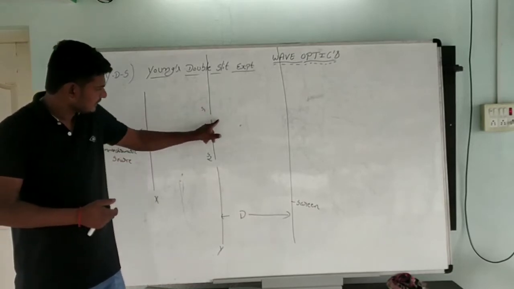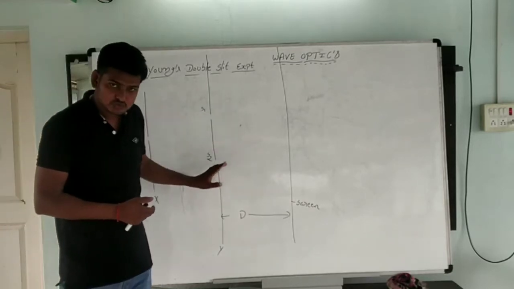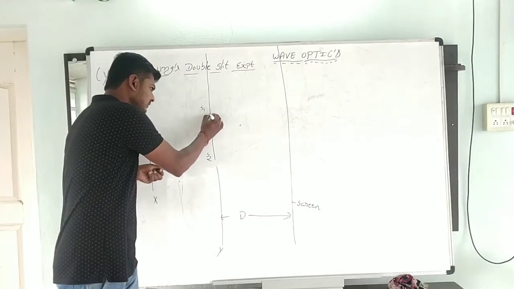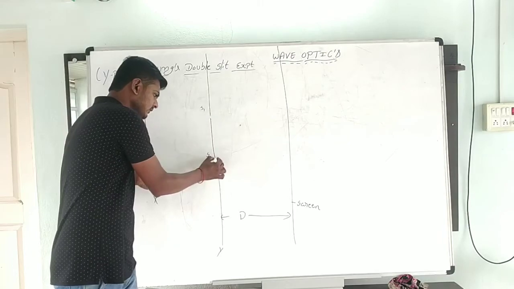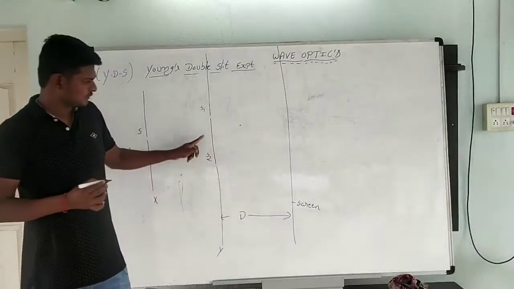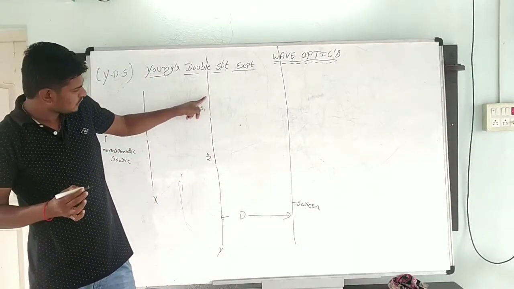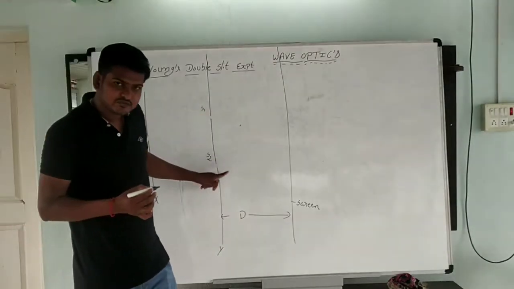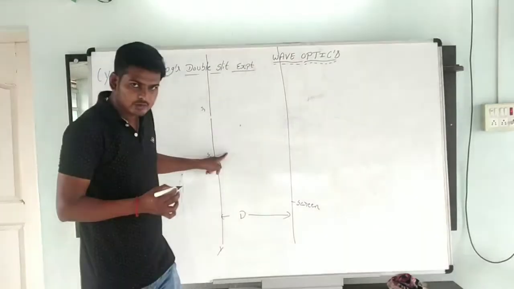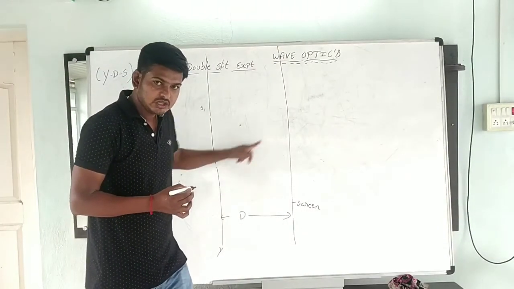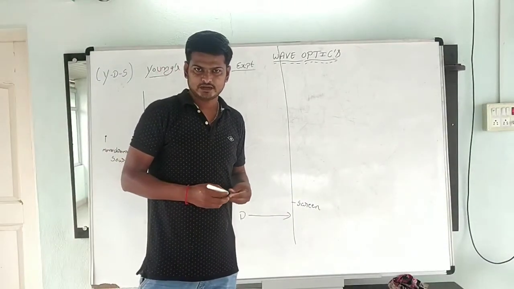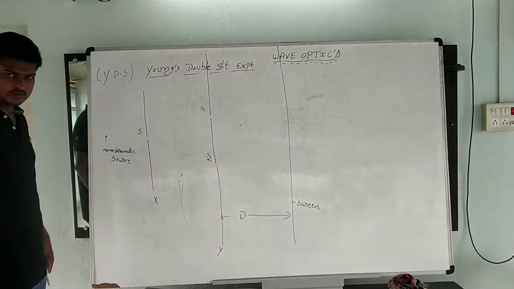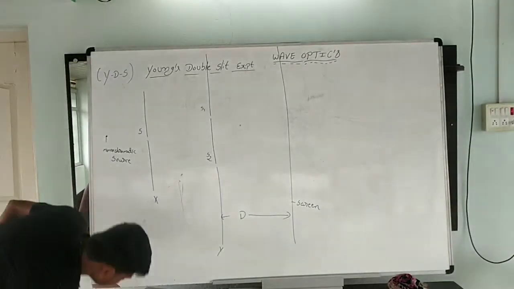Spherical wavefronts are produced from the slits S1 and S2. They interfere with each other, and that is why we get the interference pattern.